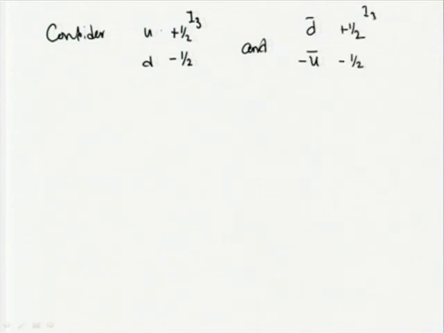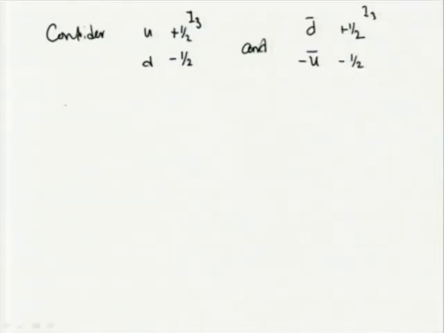Let us form a combination of this u d quark system and the u bar d bar anti-quark system. What are the things that we can form? This is similar to combining spin half systems. So, let me denote the isospin of the quark system as I_Q, which is half. We take that and combine it with I_Q bar, which is again half.